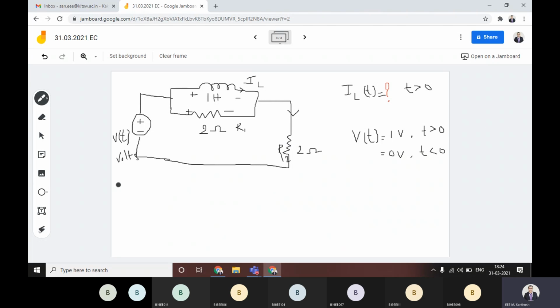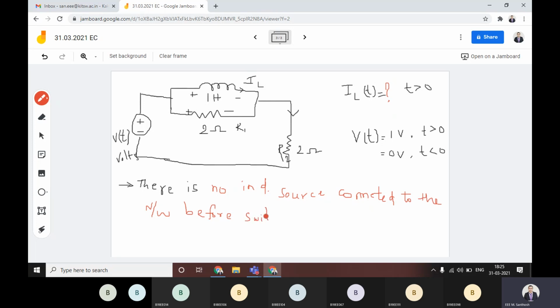For people who are confused, write a statement like this: there is no independent source connected to the network before switching action.